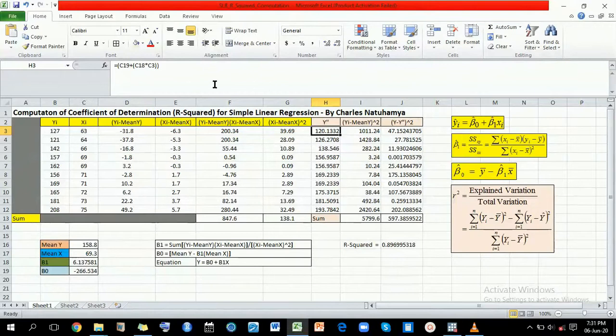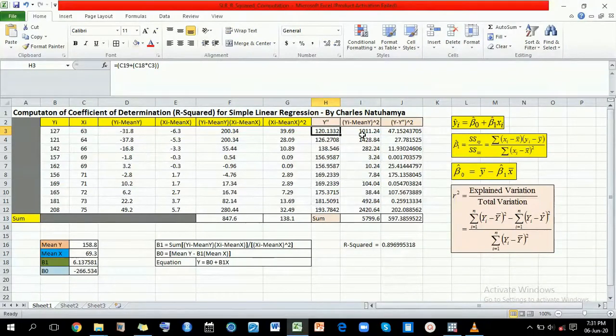So of course this is C19, which is beta naught plus the product of C18, which is B1, and these x's. So I got this value of the expected y.